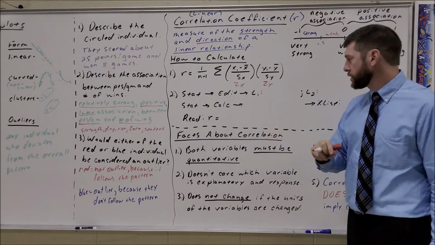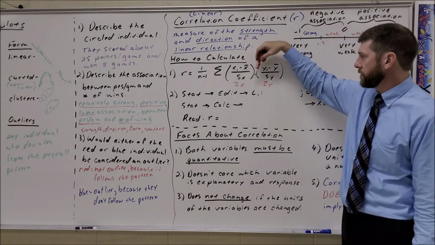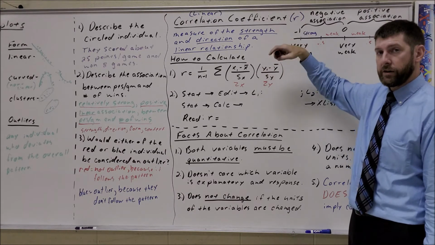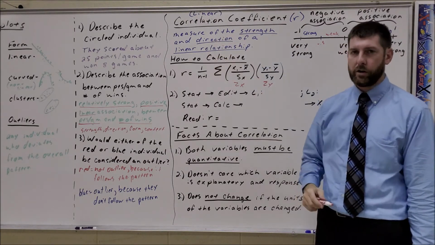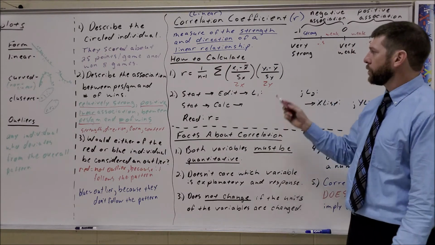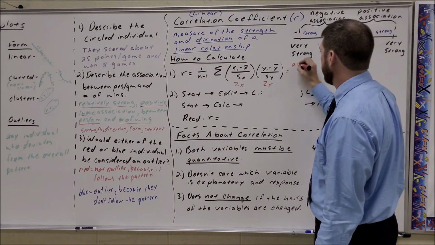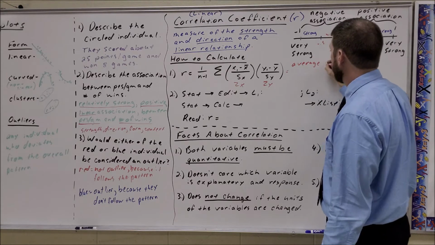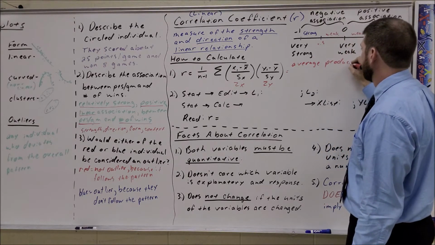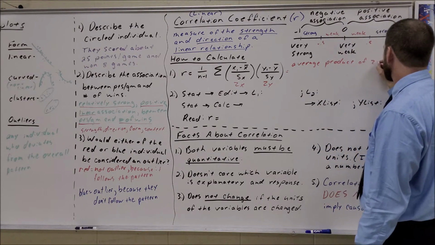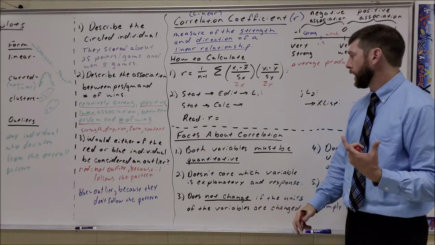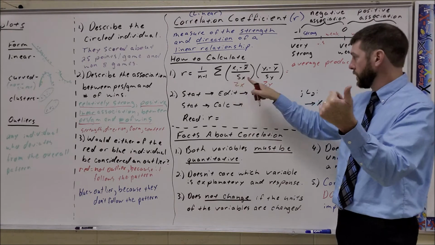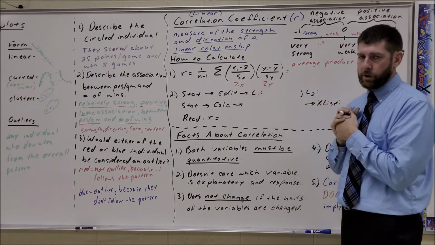So when we talk about correlation coefficient, when I take a bunch of values, and I add them up and divide by however many there are, that's an average. So this is nothing more than the average product of z-scores. So I'm going to take an ordered pair, I'm going to get the z-score for the x-coordinate, z-score for the y-coordinate, and multiply them together.